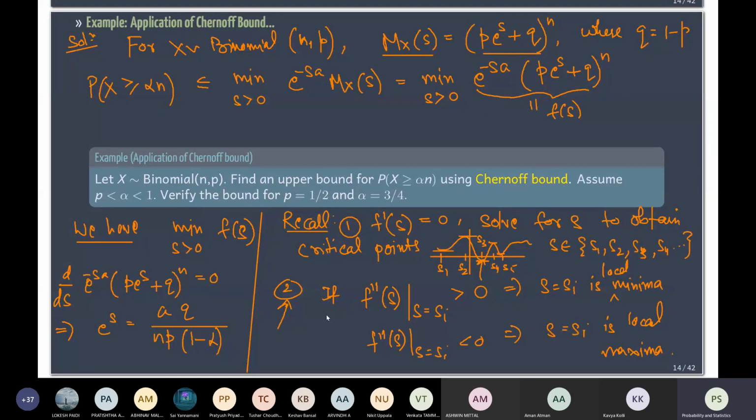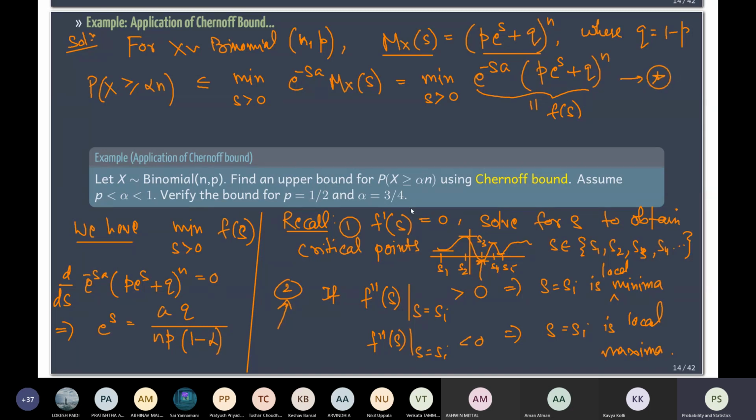These second derivative parts I'm leaving up to you. So I claim already right now that, assuming that we have done this, the s for which e to the s is this is the minimizing value of star.